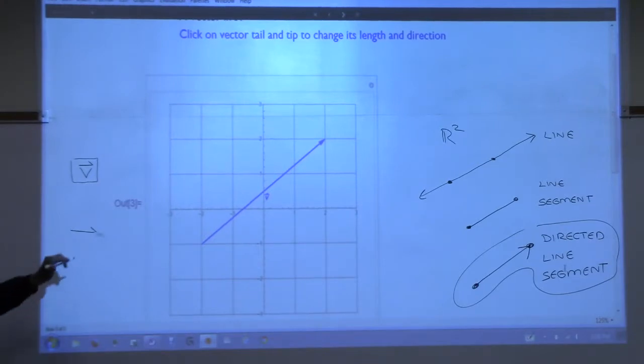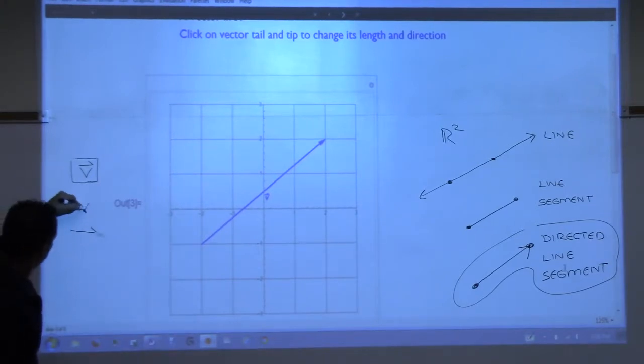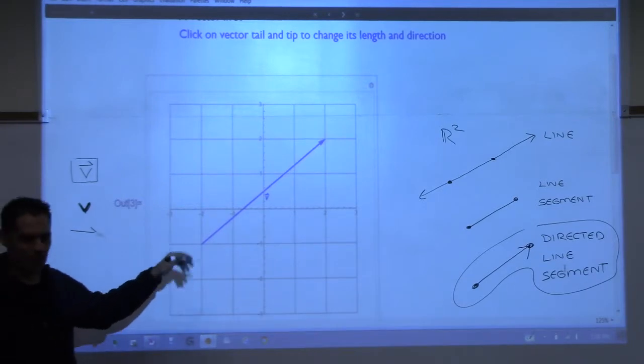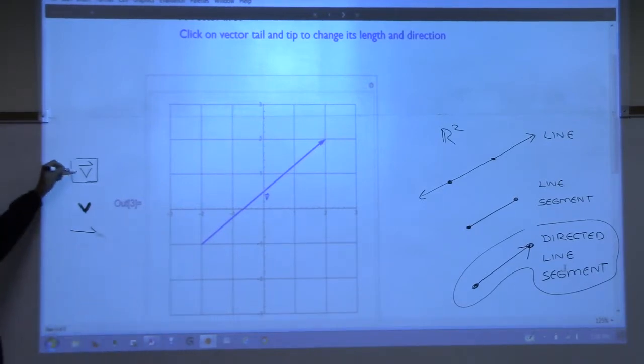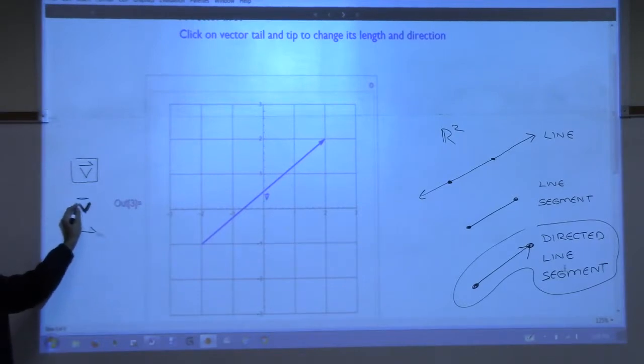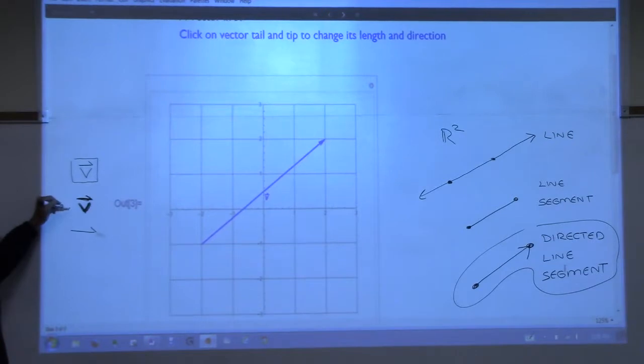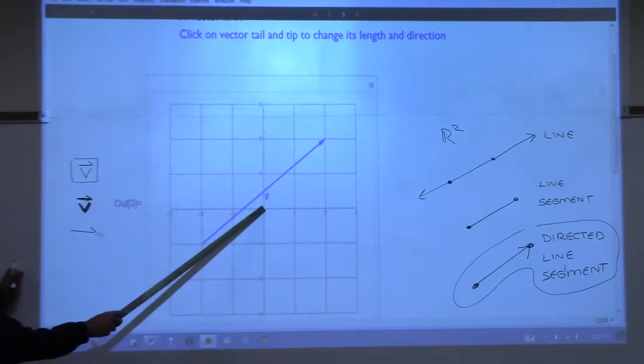So if you see a bolded V in a textbook, that means it's a vector. I don't like using the bold because it's hard for me up here to write a bolded letter, so you're going to use this notation instead. Some books do bold and the arrow so that there's really no confusion that you're talking about a vector. So this is the vector V. We call it V because it's a vector.